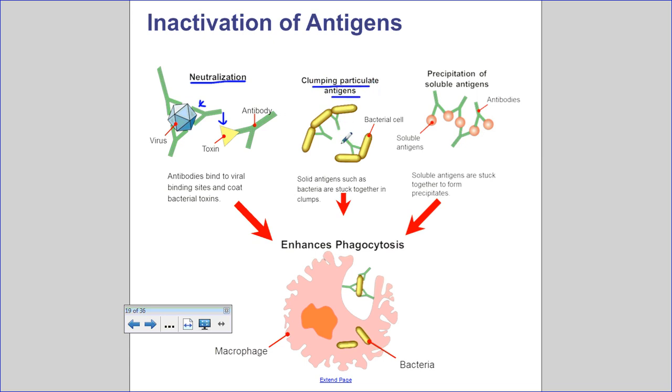As antibodies start to coat bacteria cells, it can cause them to clump together, making phagocytosis much more efficient and preventing those bacteria cells from infecting surrounding cells. And it can help precipitate soluble antigens as well, making them less likely to do any damage.